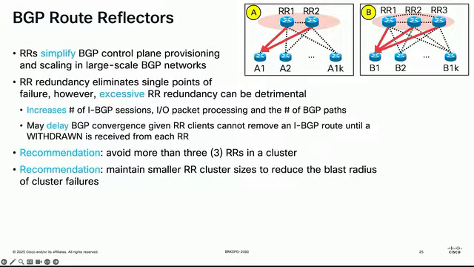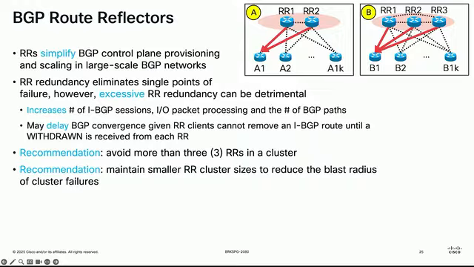Further, as you increase the number of route reflectors within the cluster, it can also delay BGP convergence, right? Because a client can't withdraw a route that is no longer available until it receives withdraws from all of its route reflectors, okay? And so it could potentially degrade BGP convergence.